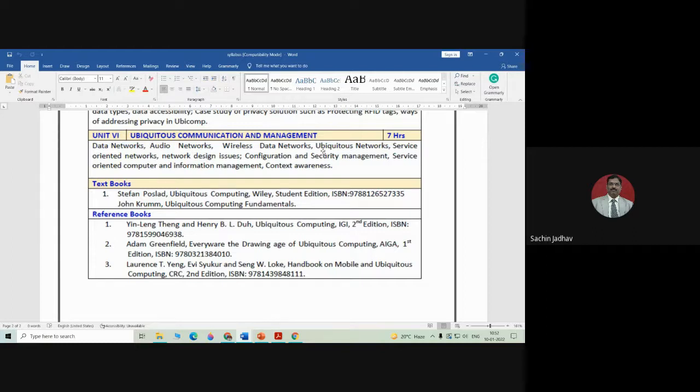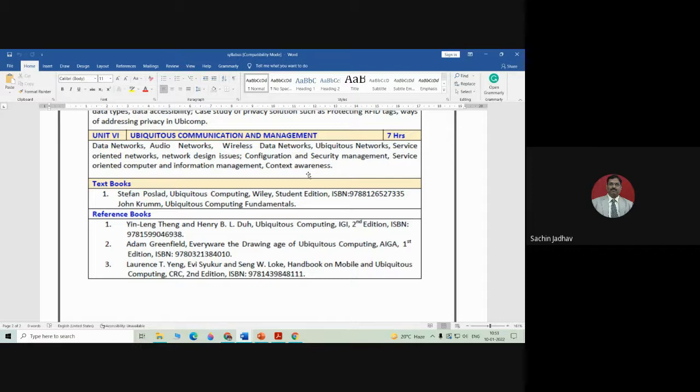So there are so many different kinds of UBICOM system services. The term ubiquitous means anywhere, anytime. The computing adds that anywhere, anytime we will have the computing, right? So what kind of computing depends upon the application scenario, and we can apply it for that.